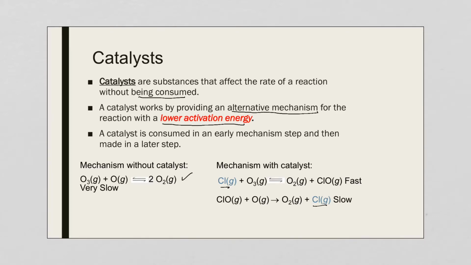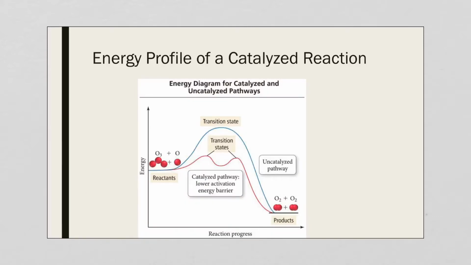So if we compare these two mechanisms, looking at their energy diagrams, we see the following. So that initial mechanism with one step that's relatively slow is shown here in blue, right? It has a very high activation energy to get around to our products, right?